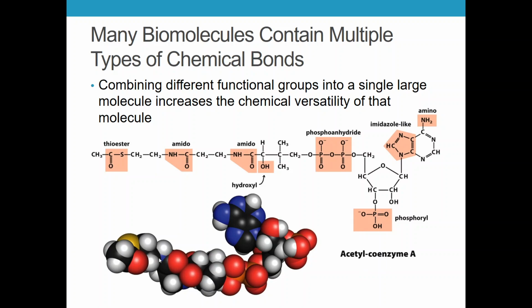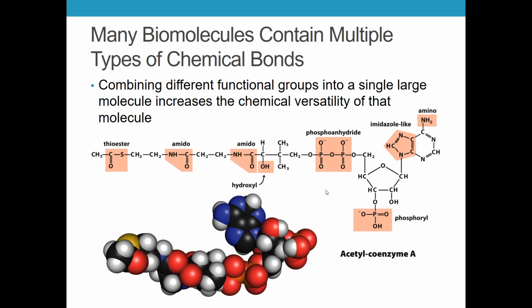Here, I'm showing you the space filling view, but chemically, you'll see that there are a number of different functional groups present. There's a thioester, there's an amido, there's another amido, there's a hydroxyl group, phosphoanhydride, there's an imidazole-like group, there's an amino group, there's a phosphoryl group. But you can actually break this molecule down in a little bit simpler way.